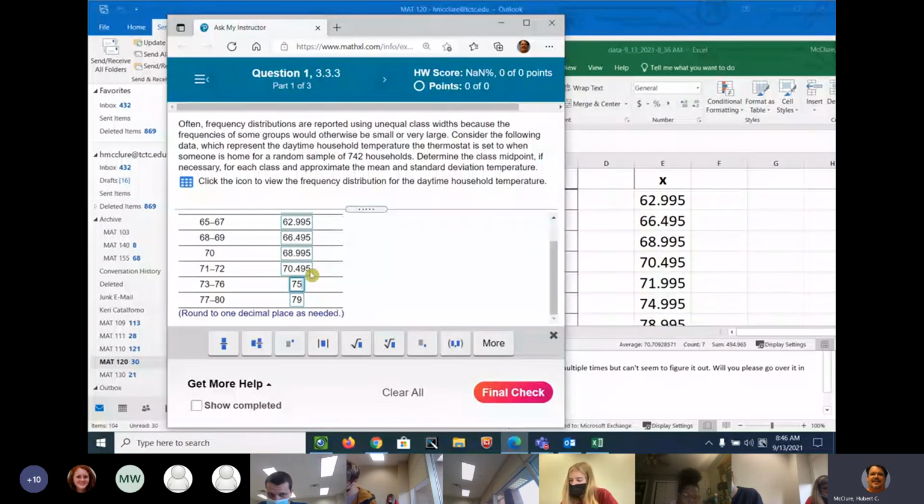And see, this one would be 70.5. This one would be 69 or 67. This would be 66.5. And this would be 63.